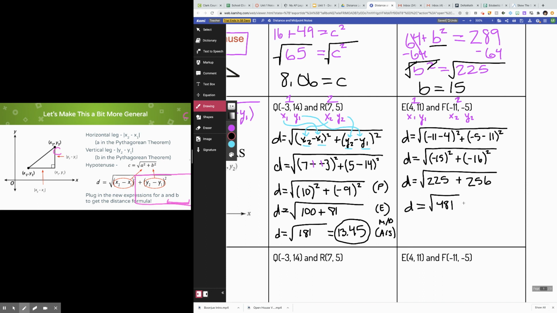Okay, and then I need to plug that into my calculator and take the square root of 481, and I get 21.93. All right, so that is it for the distance formula, guys.